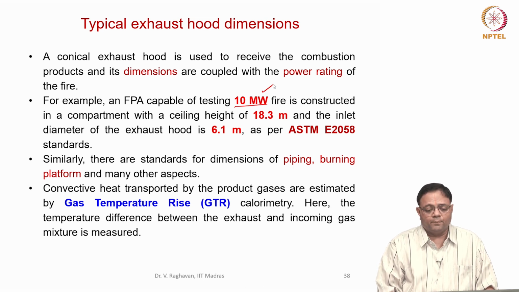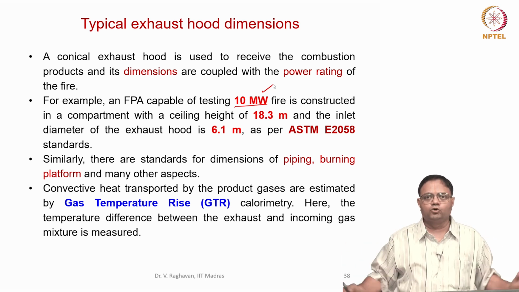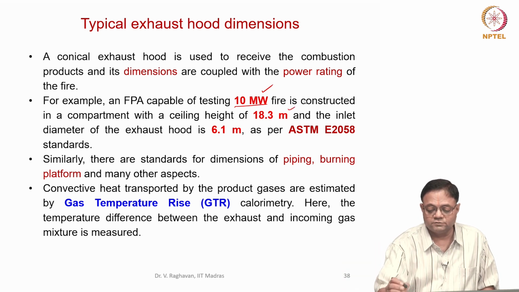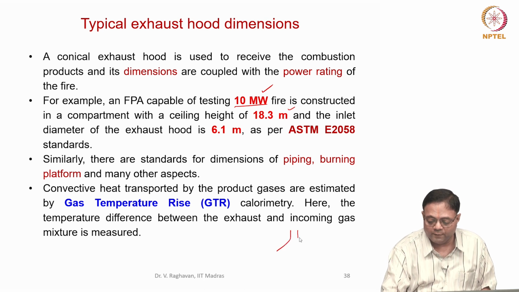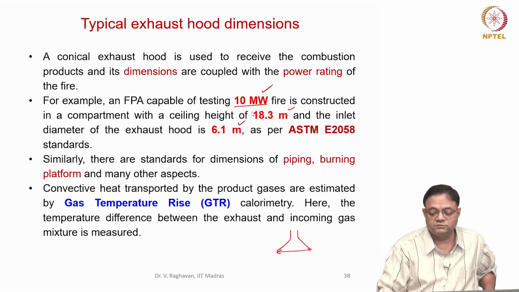The compartment or the FPA facility should have an enclosure where the ceiling height should be 18.3 meters and the hood is kept over the fire. The hood diameter here should be 6.1 meters.